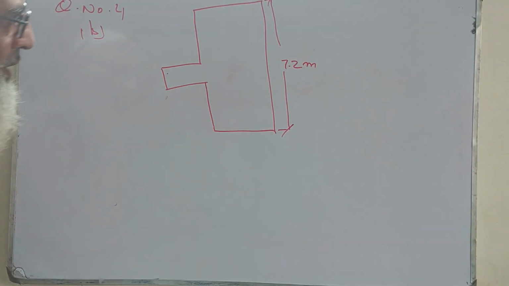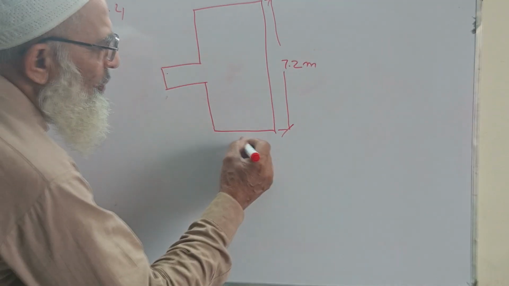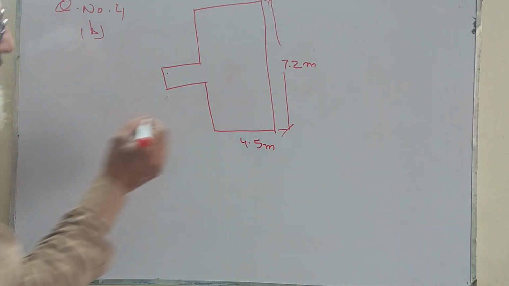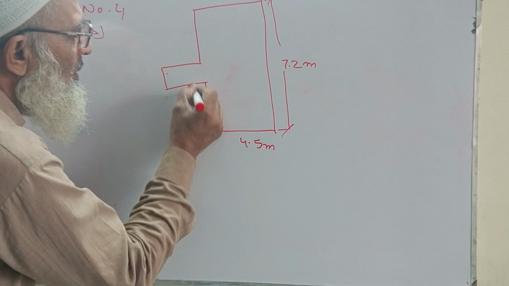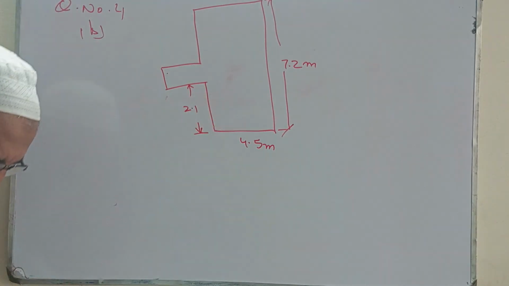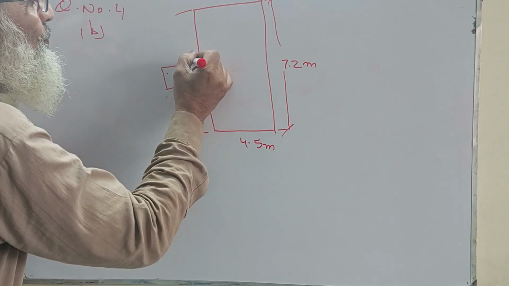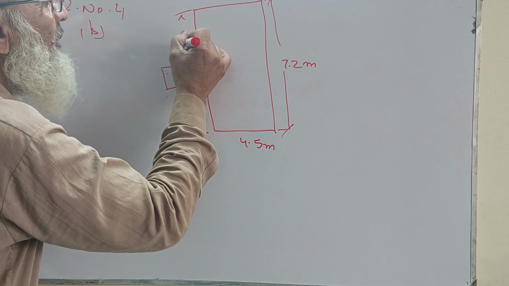This side measures 4.5 meters. This measures 2.1 meters from here to here. This is 1.2 meters from here to here.